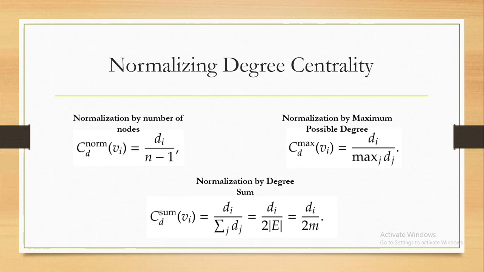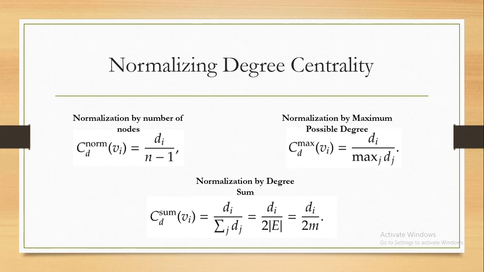The second method is normalization by maximum possible degree. In the first case, our dividing factor was the number of nodes. In this case, our dividing factor is the maximum degree. For example, on Facebook, there are 1000 users. Hrithik Roshan has a degree of 100.